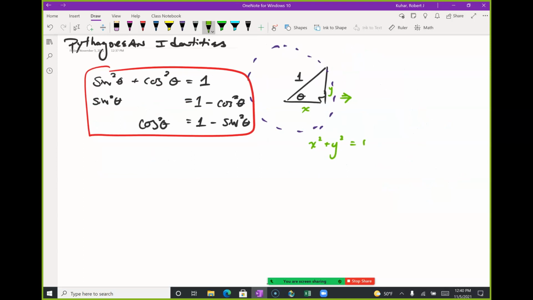So what I'm going to do is derive another identity from here, and then from that one, I'm going to get 2 others, so 3 more, and I'm going to do that twice. So I'm going to start with sine squared theta plus cos squared theta equals 1, and I'm going to divide each term by cos squared theta.